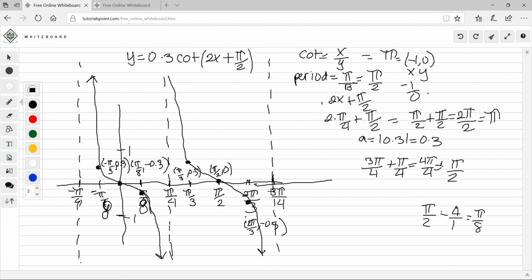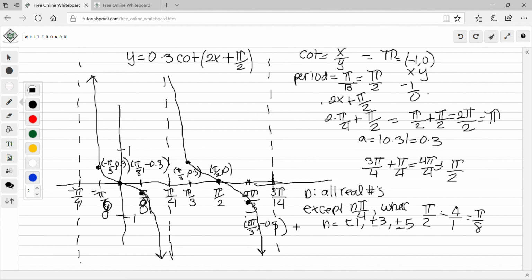So we're almost done. Our domain is all real numbers except n pi over 4, where n equals plus or minus 1, plus or minus 3, basically odd numbers, where n is odd, plus or minus 5.